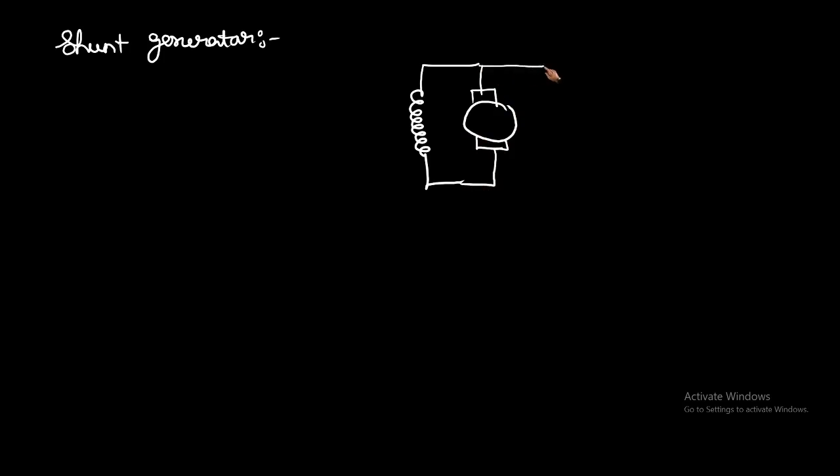That's why it is called the shunt generator. This is the field resistance, and you have the field current and the armature current here. Here the load current IL, and the terminal voltage is V.